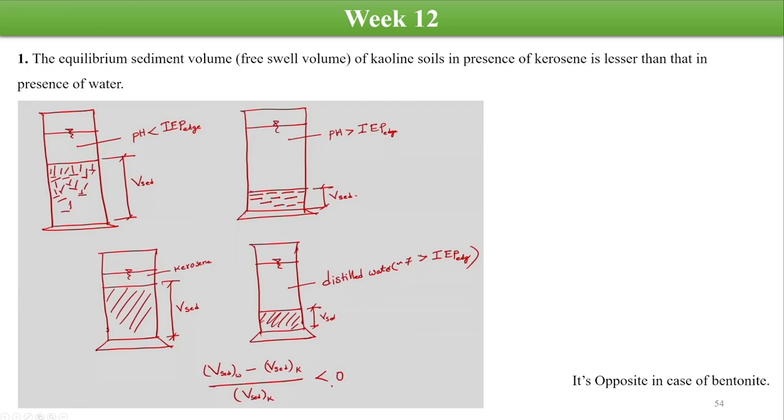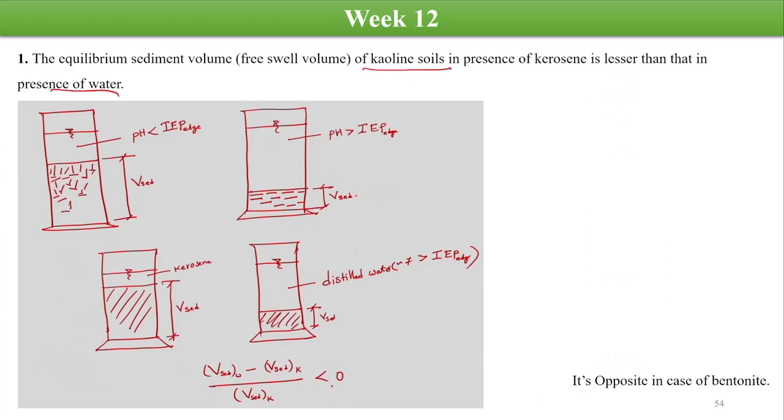Okay, so with this I think we can jump to the assignment questions for the last week. And the first question reads that the equilibrium sediment volume of the kaolin soil in the presence of kerosene is lesser than that in the presence of water.